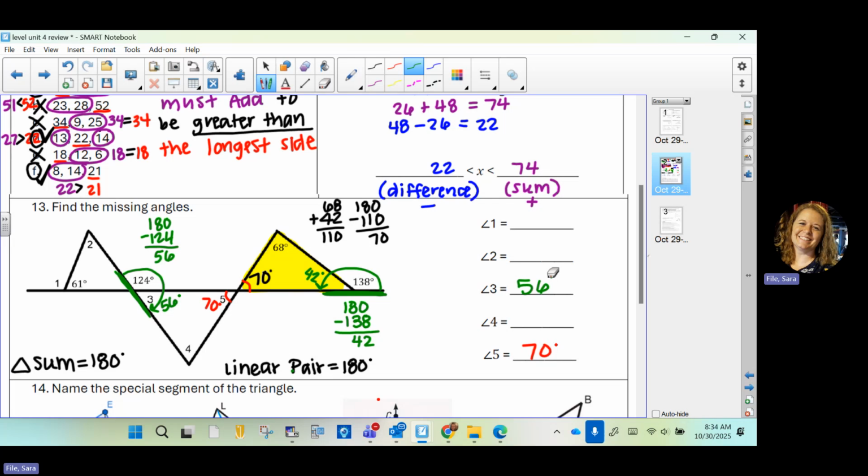Now can I find angle 4? Yeah, because now if I look at this triangle down here, this blue one, I know 70 and 56, and I know the total has to be 180.